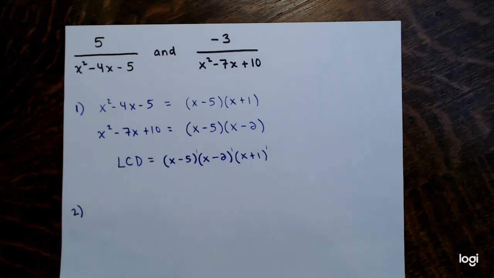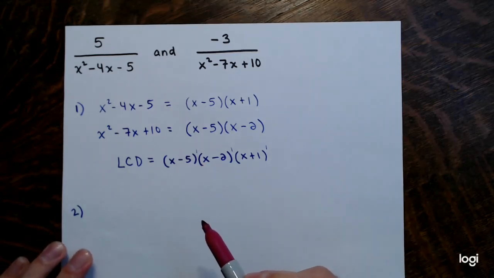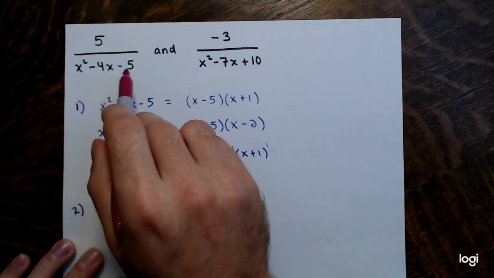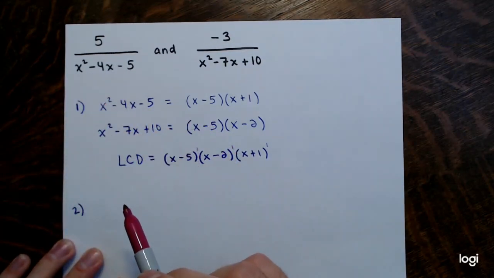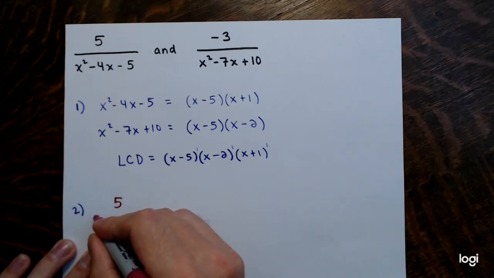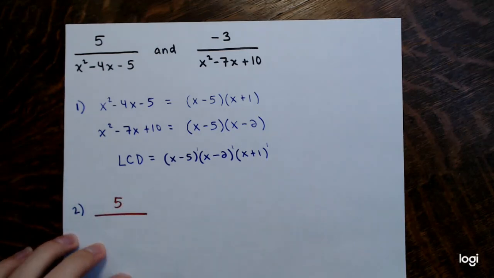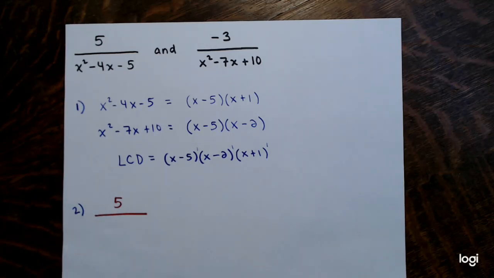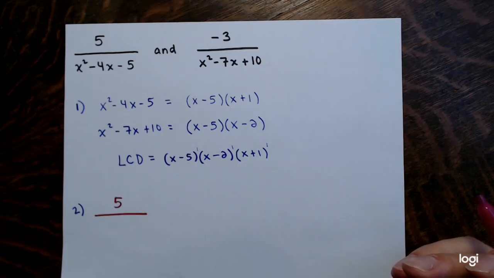So here, I am going to write my denominators in factored form. To be honest, I personally prefer writing denominators in factored form to begin with, because later when we add and subtract, you get that common denominator with the denominators in factored form.